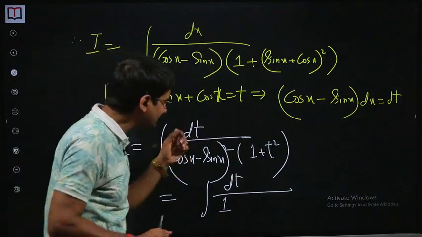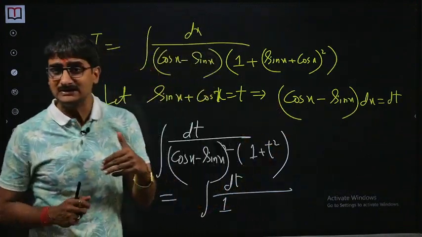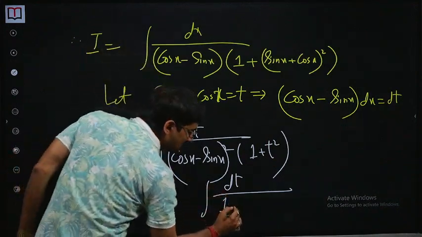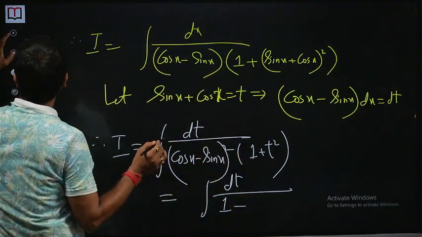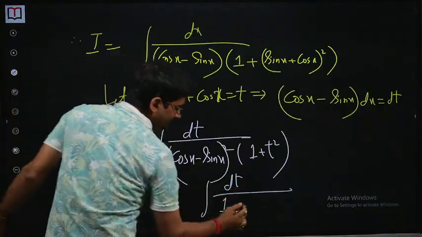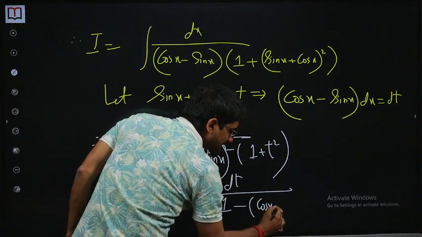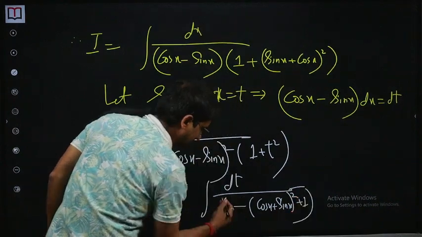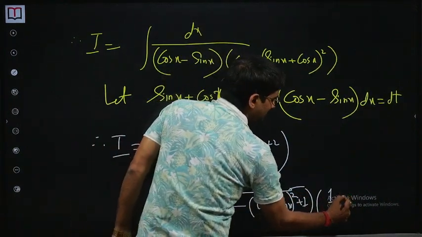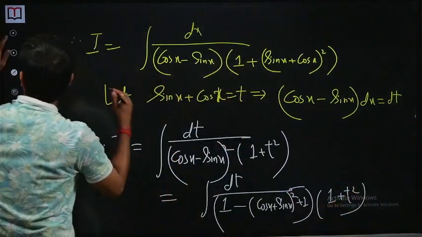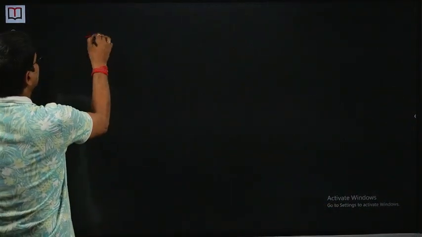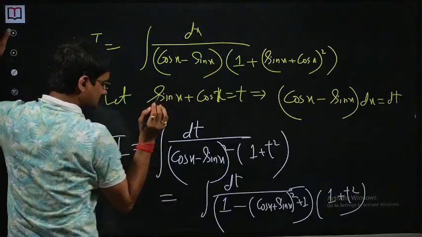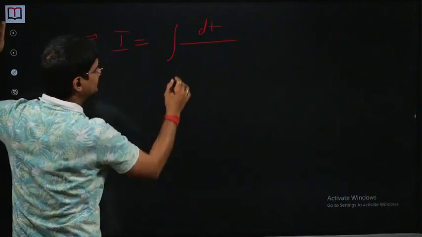Since we have substituted t as sin x plus cos x, I will express sine 2x again as (cos x plus sin x) whole square minus 1, plus 1. That's it. And then we have 1 plus t square. So now that's the form which you can easily integrate. So it's dt upon, if I am not wrong, 1 plus t square, and then 2 minus t square.